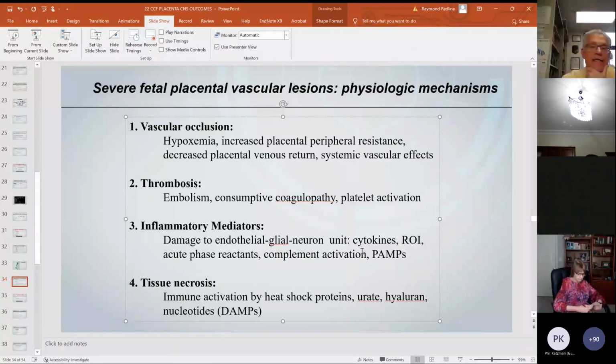There are a lot of cytokines, reactive oxygen intermediates, activated complement components, and the list is long. And even without classical inflammation, just tissue necrosis in the placenta can activate mediators through damage-associated molecular patterns, heat shock proteins, urate, hyaluron, nucleotides, etc.